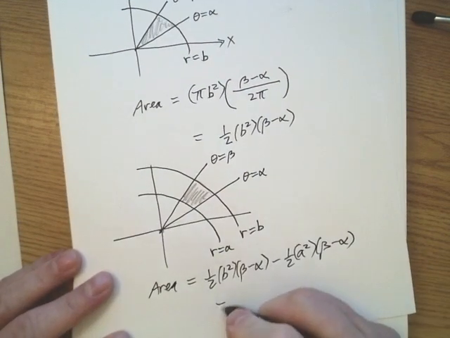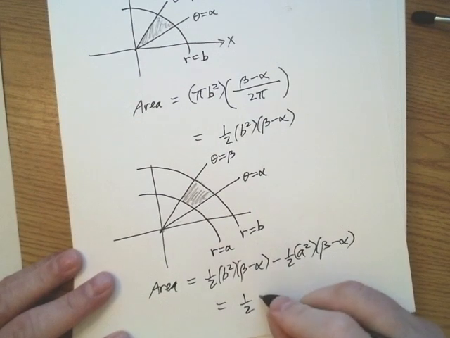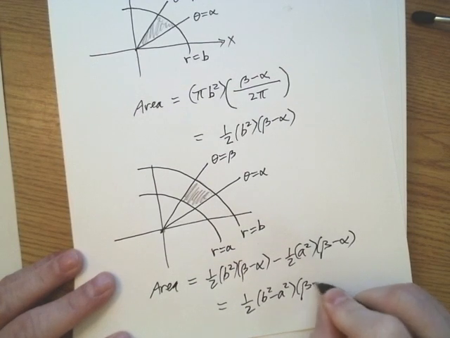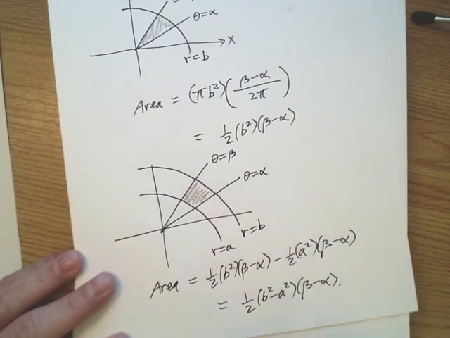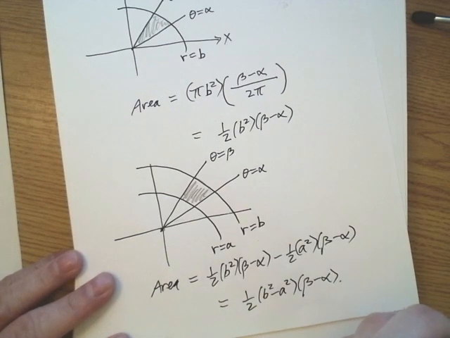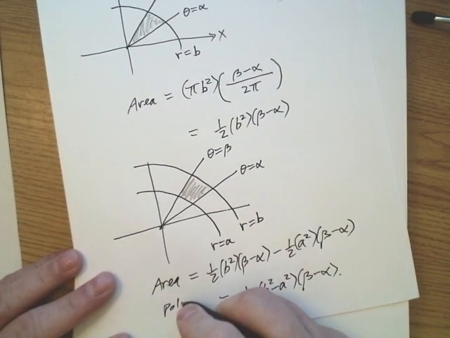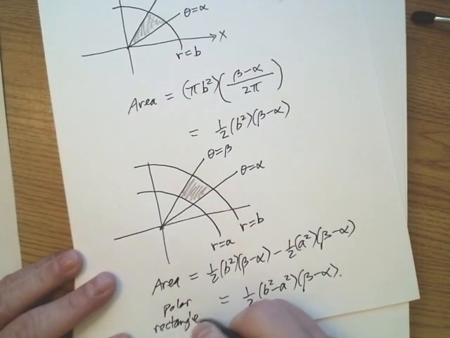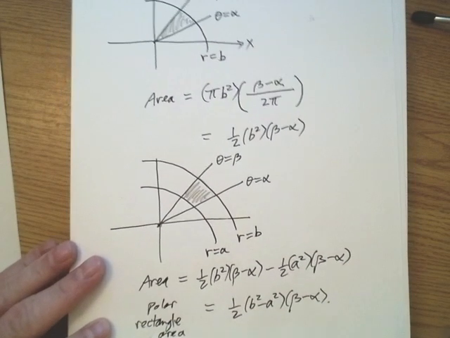So this would end up being 1/2 b squared minus a squared times beta minus alpha. Okay, so this is for the polar rectangle area. And we're going to end up with this.